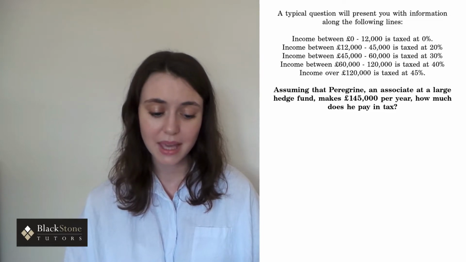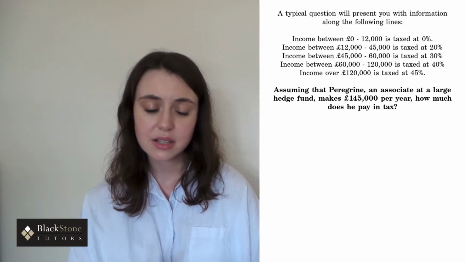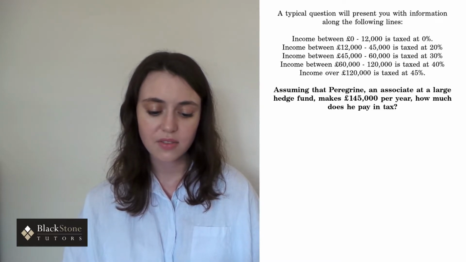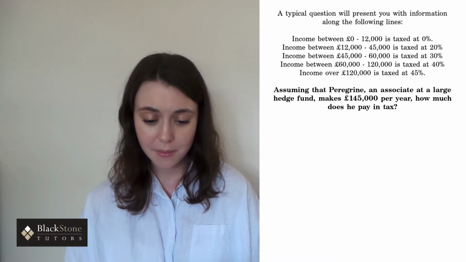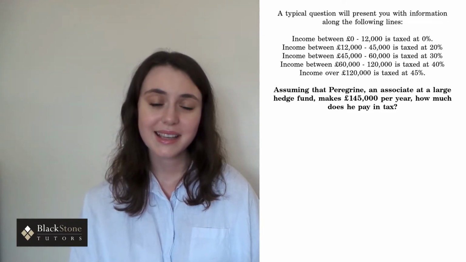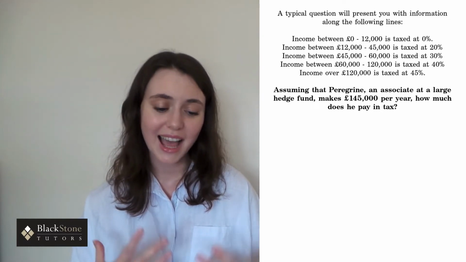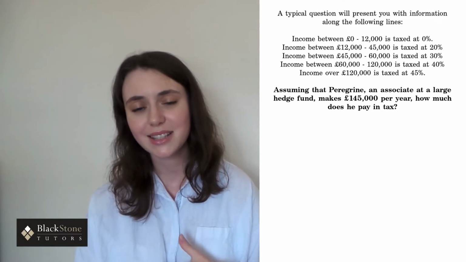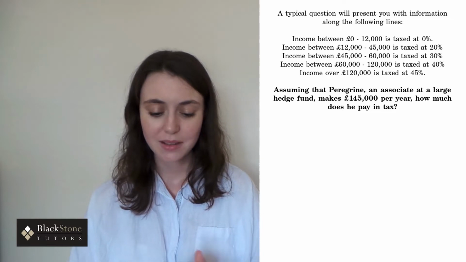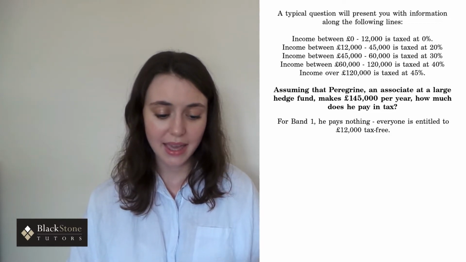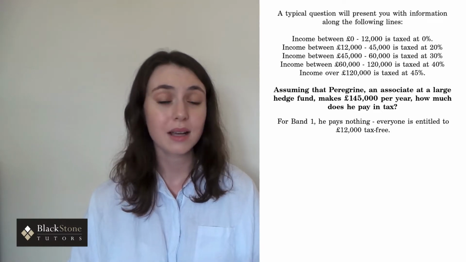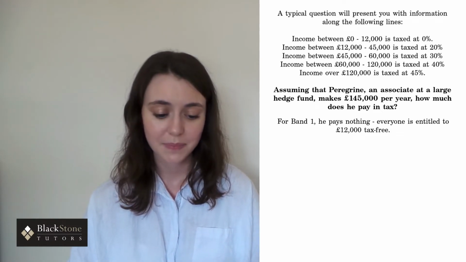Assuming that Peregrine, an associate at a large hedge fund, makes £145,000 a year, how much does he pay in tax? In this case, unfortunately, we are going to have to work through each band in turn to calculate how much tax he pays for each. In band 1, he pays nothing because everyone is entitled to £12,000 tax-free.